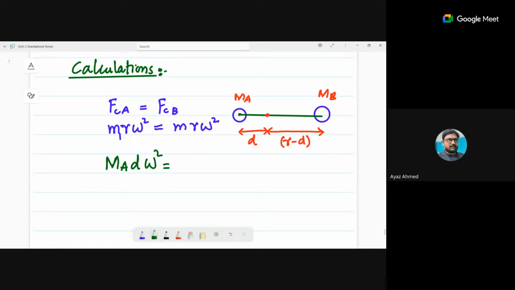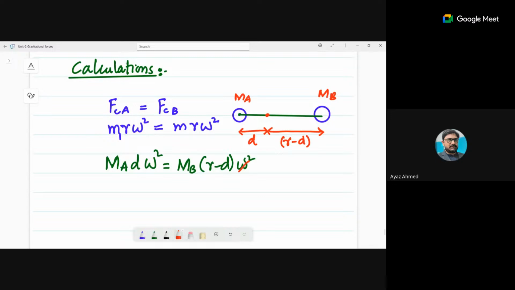And after that, if we consider the force of the other one, it will be m of b times r minus d times omega square.